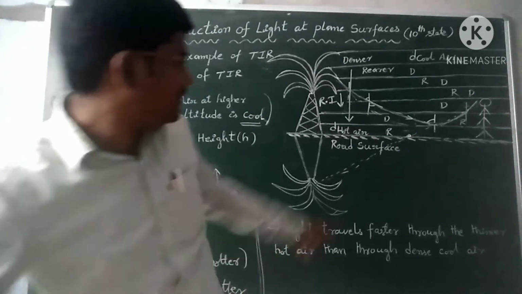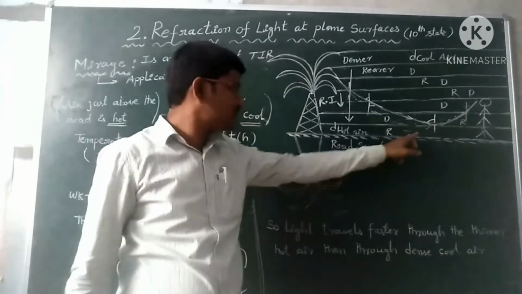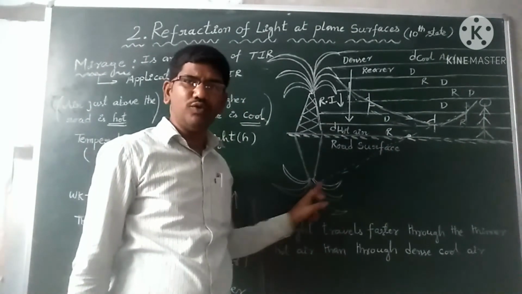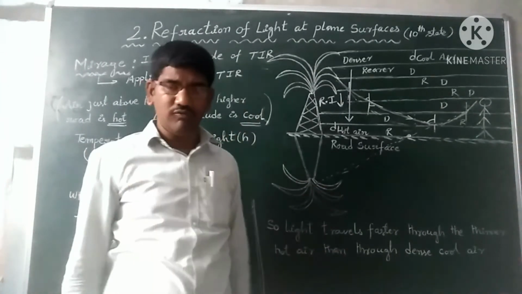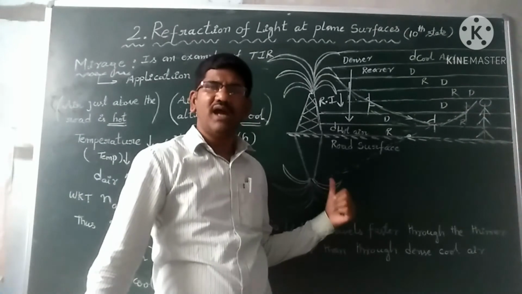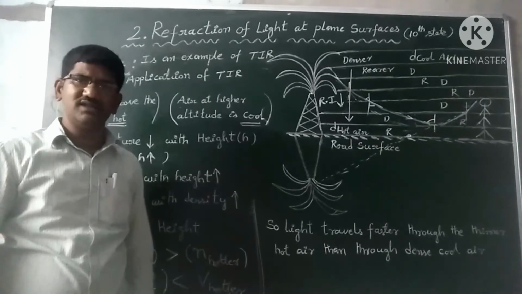So the ray appears to the observer to be coming from the ground, giving an illusion. Hence there seems to be a pool of water on the road, which is called a mirage. Similarly, an inverted image of the tree is observed in the deserts.